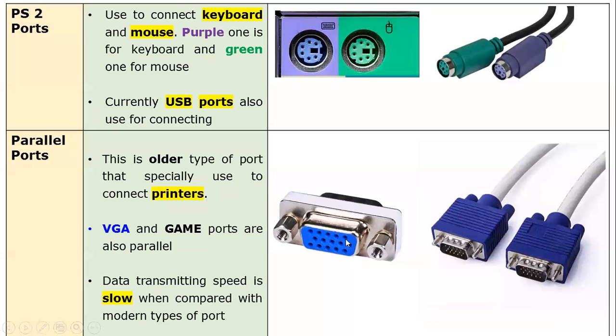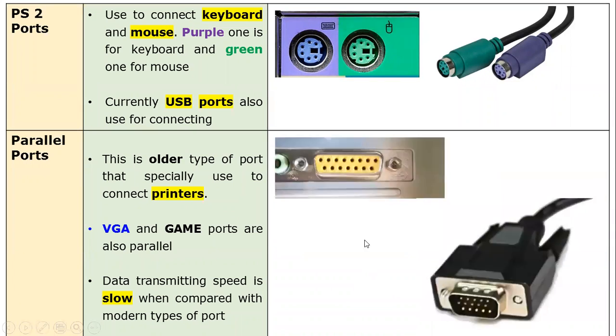You want a clear idea about the difference between port and cable. That's why I'm always showing both things, cables and ports. Then the third one, the yellow color port. This port is for game devices. Here also, on the other side, the game port cable is available.